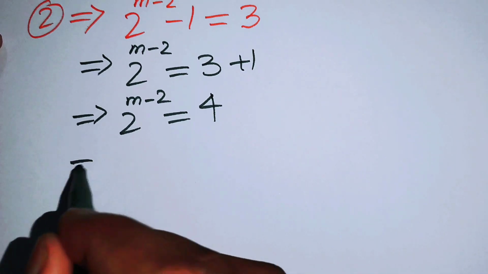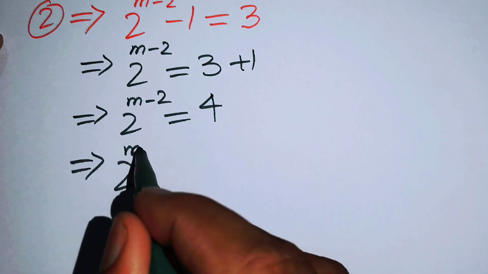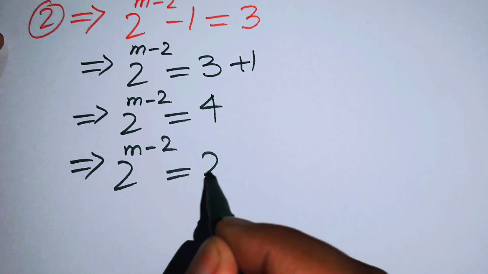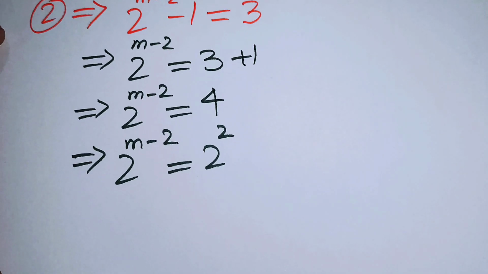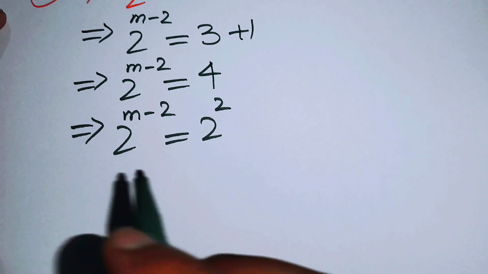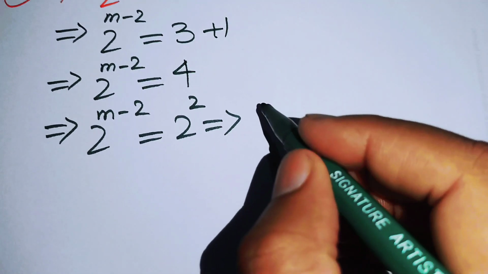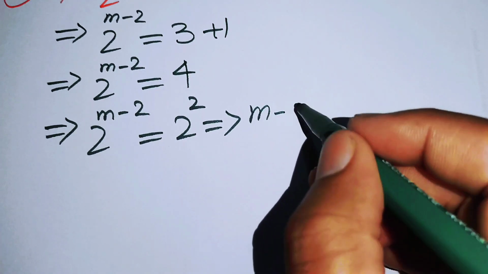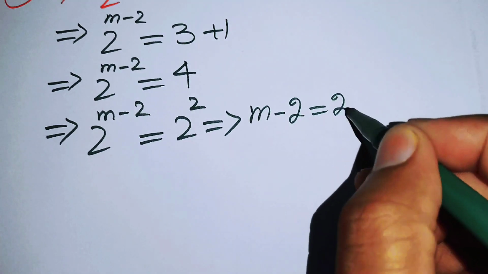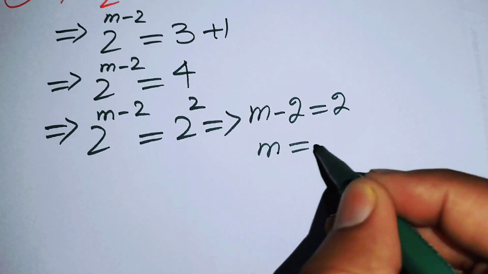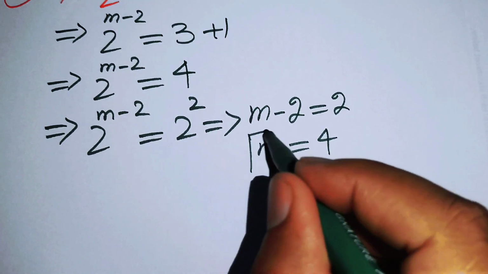We write this 4 as 2 squared, so 2 to the power of m minus 2 is equal to 2 squared. Here you see that the bases on both sides are the same, so the exponents are equal, and we can write m minus 2 is equal to 2, and finally you get m is equal to 4.